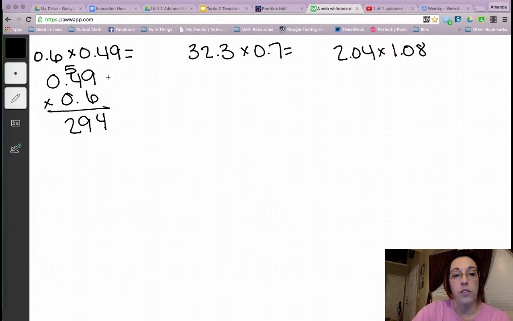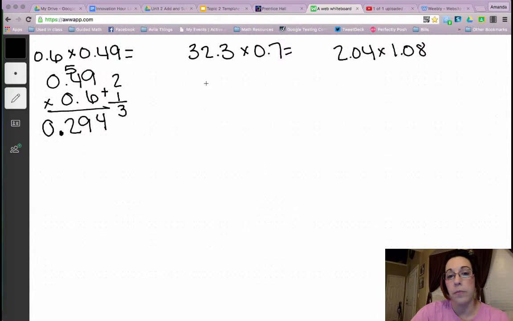Count our decimals. 2 plus 1 equals 3, over 1, 2, 3. And our answer should be 294 thousandths. It's polite etiquette to put a 0 there.